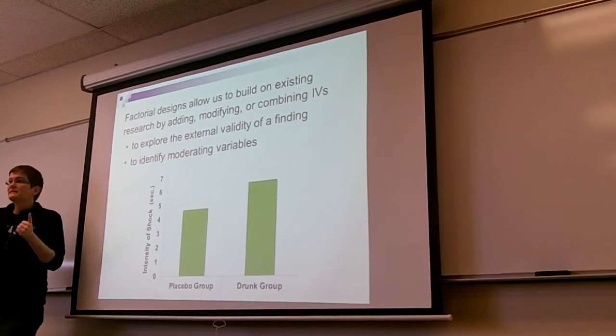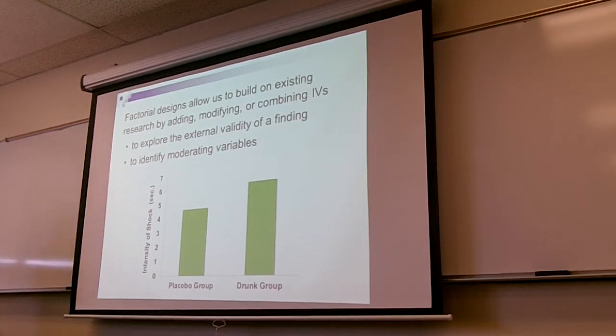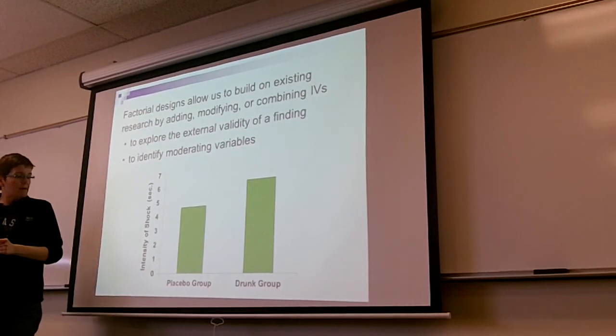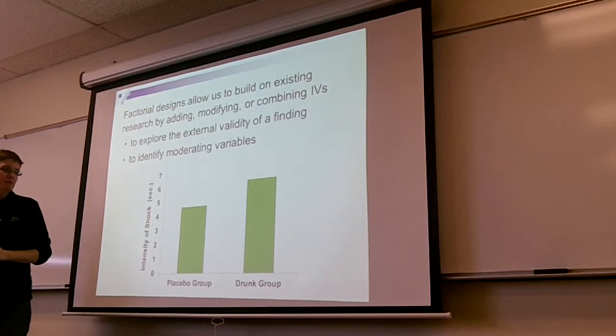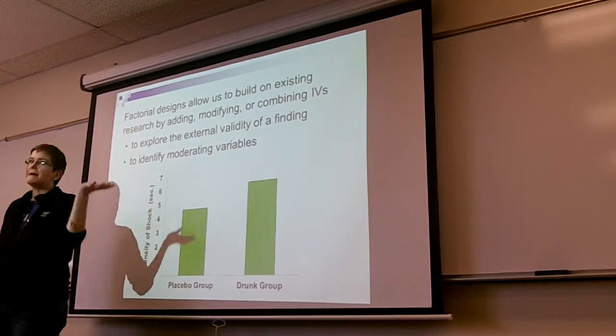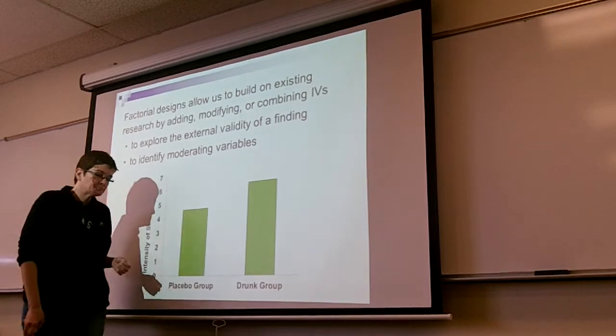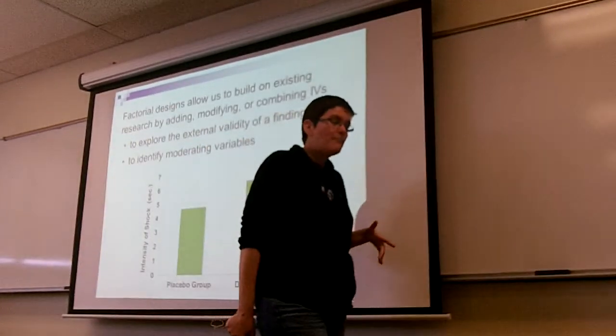It also allows us to identify what we call moderating variables, variables that influence whether or not an effect occurs. So, for example, imagine an experiment where you get a bunch of people together. We're going to get a bunch of men together, and we're going to give them the opportunity to drink a beverage.